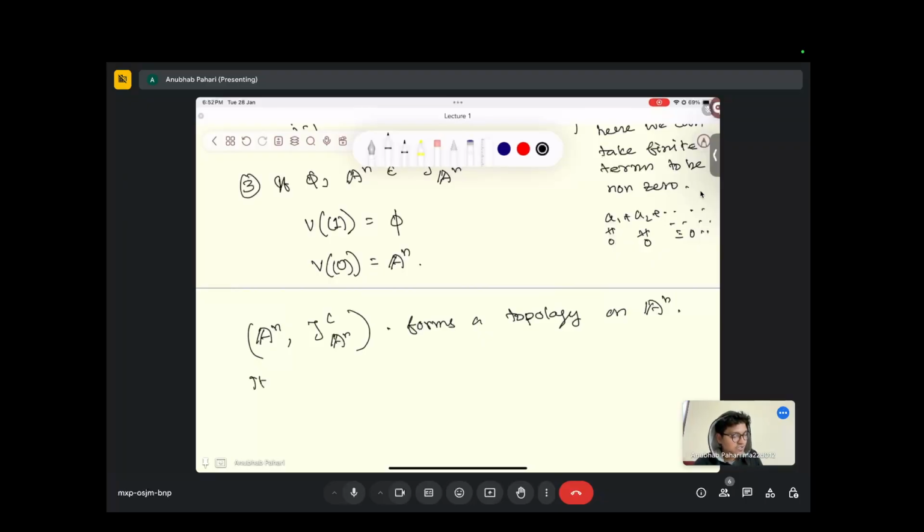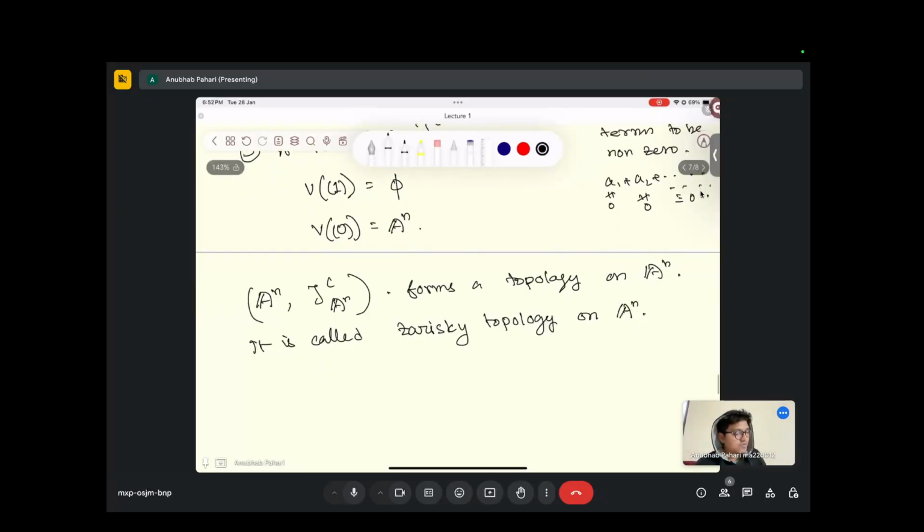It is called the Zariski topology on A^n.